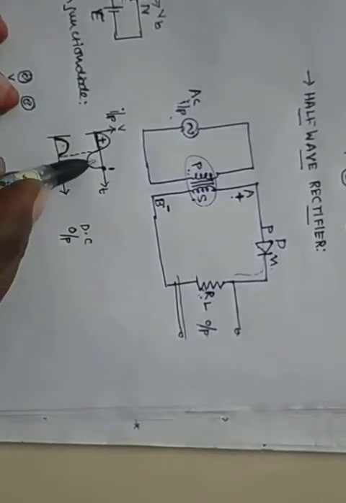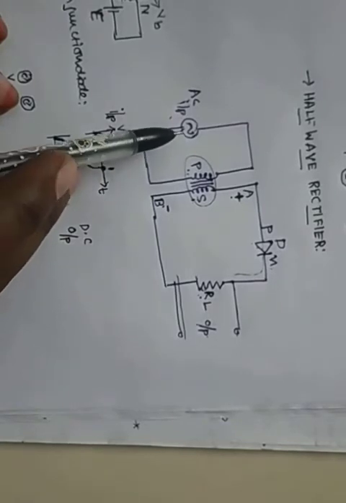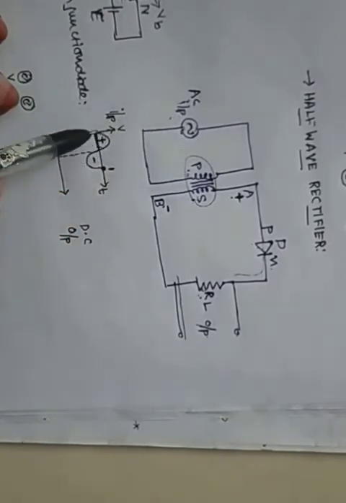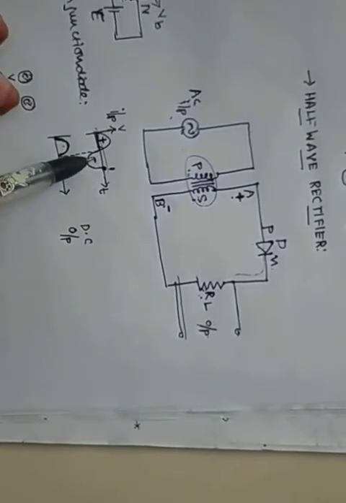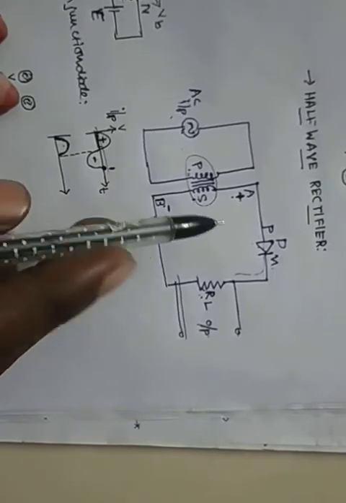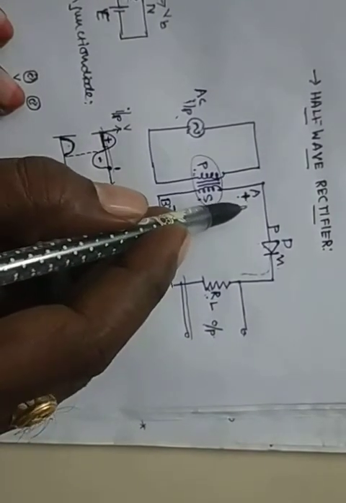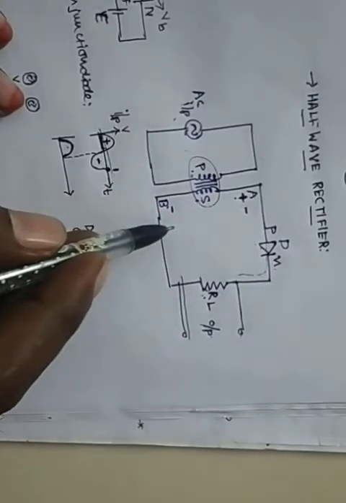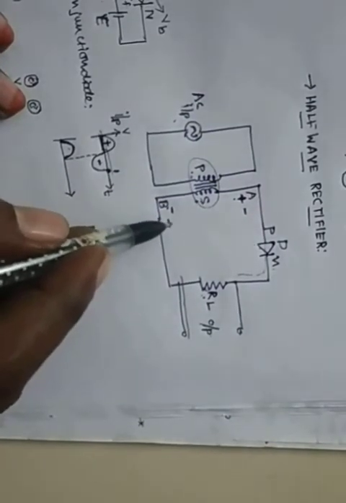Now this is the negative half cycle. When the AC input passes through the primary coil to the secondary coil, terminal A becomes negative and B becomes positive.